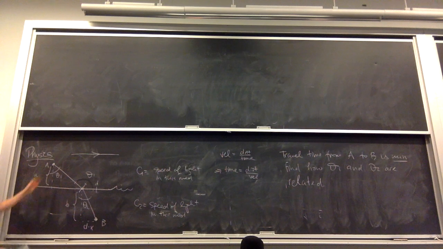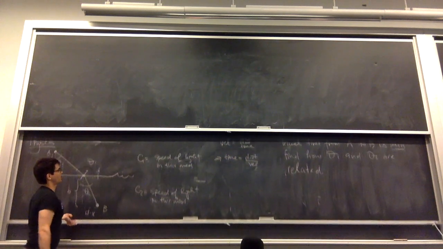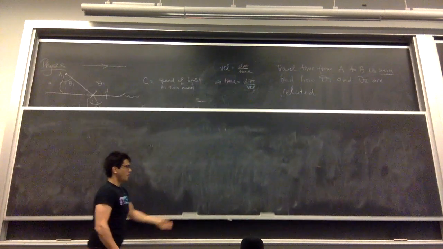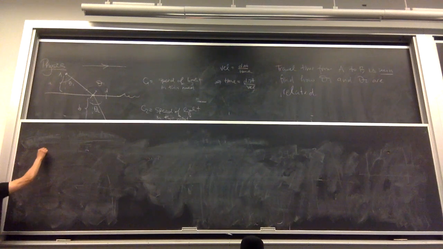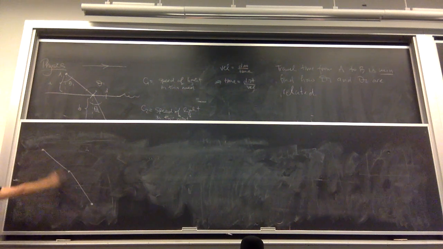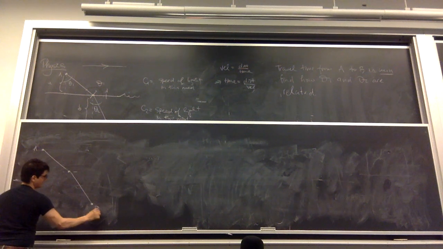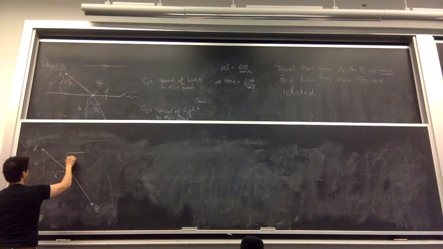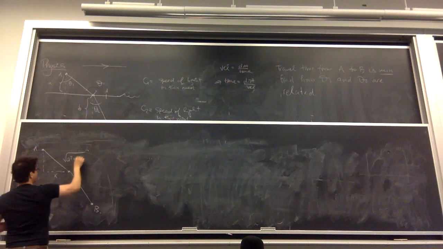So maybe I'll draw a brand new picture, and leave this one here. Basically, we need to know what the distance is here and what the distance is here. So what is the length of this line, the one that goes from A and then hits the axis? This is going to be A, this will be X, so this is going to be the square root of A squared plus X squared.